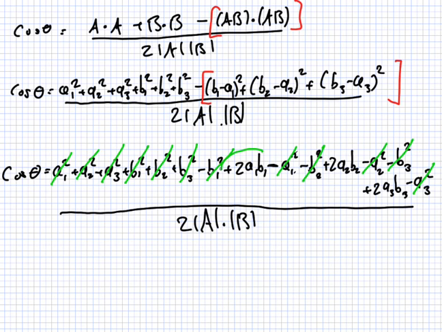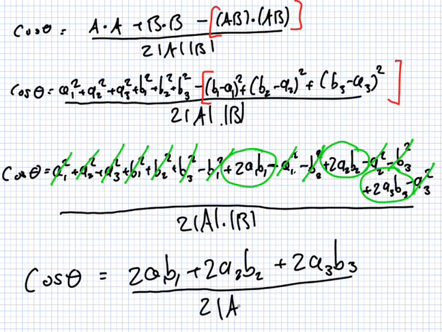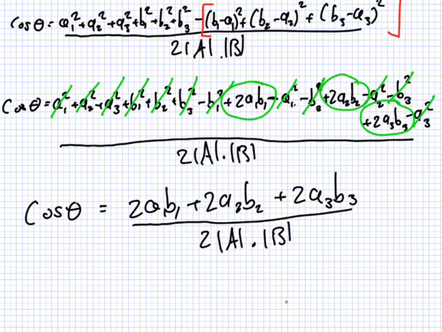I'm only left with 1, 2, 3 terms. So on the top I get cos theta equals 2A1B1 plus 2A2B2 plus 2A3B3 all over 2 magnitude A magnitude B. Now something else cancels. What's in common here? The 2's.